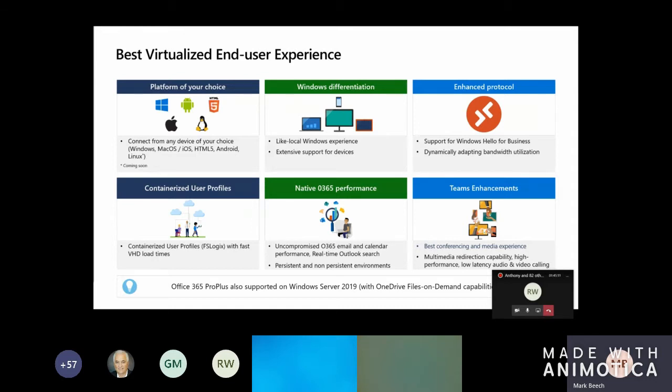It looks and feels like a locally installed instance of Windows. I have a laptop here with a 30-inch ultra-wide monitor. As soon as I fire up my Windows Virtual Desktop, it expands across the two displays. It's absolutely seamless. Looks exactly like a local. It also gives you very fast logon times. I'll touch on this a bit more in the next slide, but they use containerized user profiles, which dramatically increases logon time.